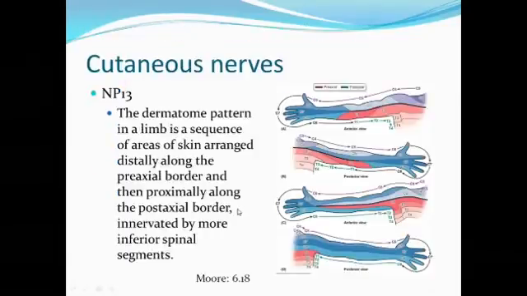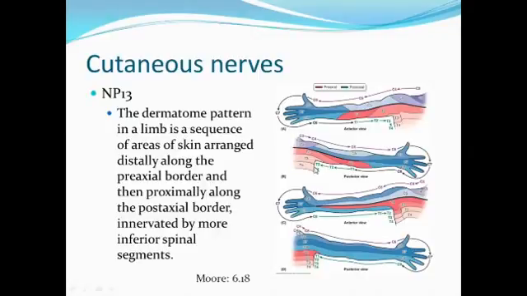Moving on to cutaneous nerves, we'll just do a brief moment of revision of dermatomes that you would have learnt a little bit about in first year. An important principle, NP13, tells us that the dermatome is a pattern or sequence of areas of skin arranged distally along the pre-axial border and then proximally along the post-axial border and innervated by progressively more inferior spinal segments.